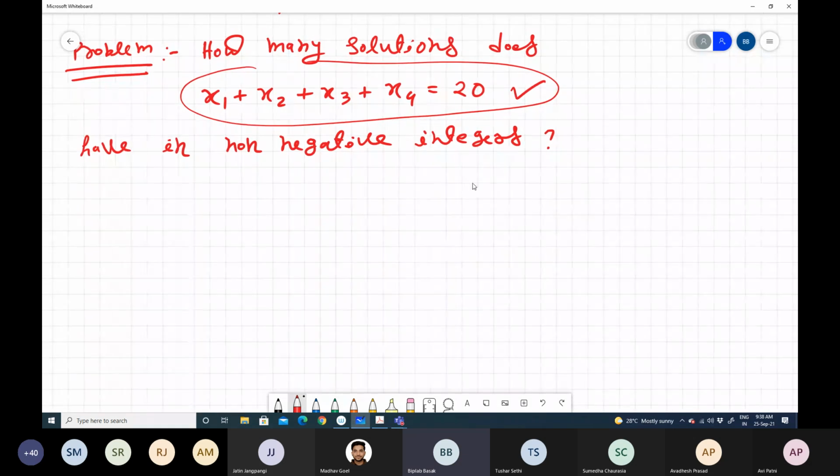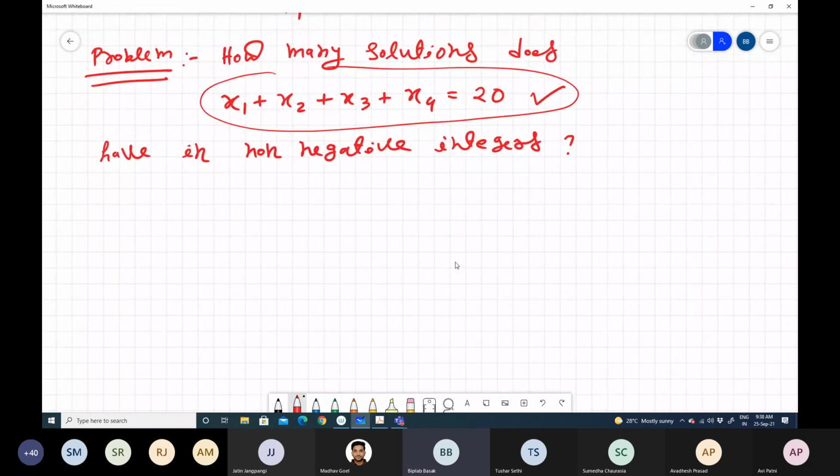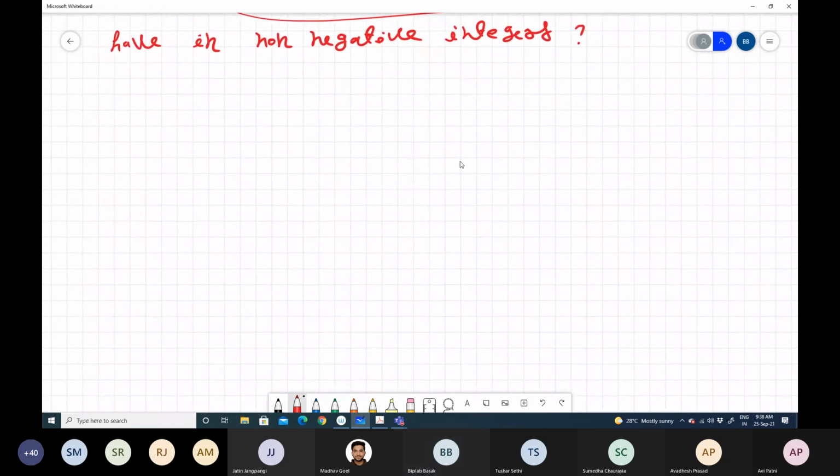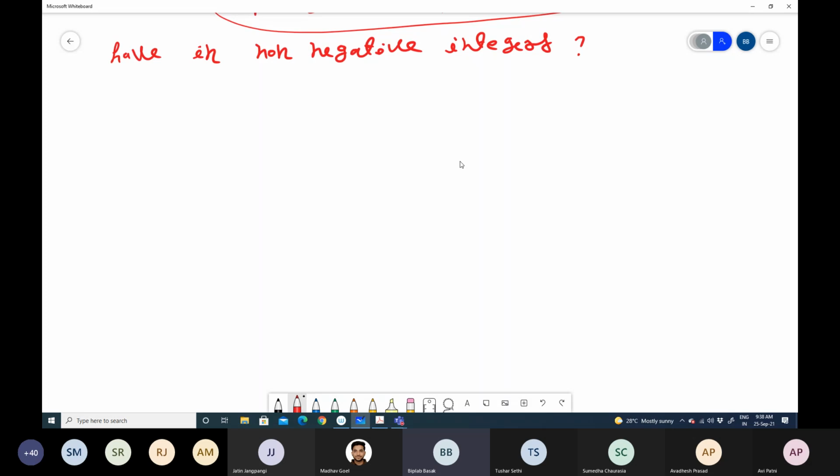So first we calculate the similar one. We generalize the problem you just mentioned into this.